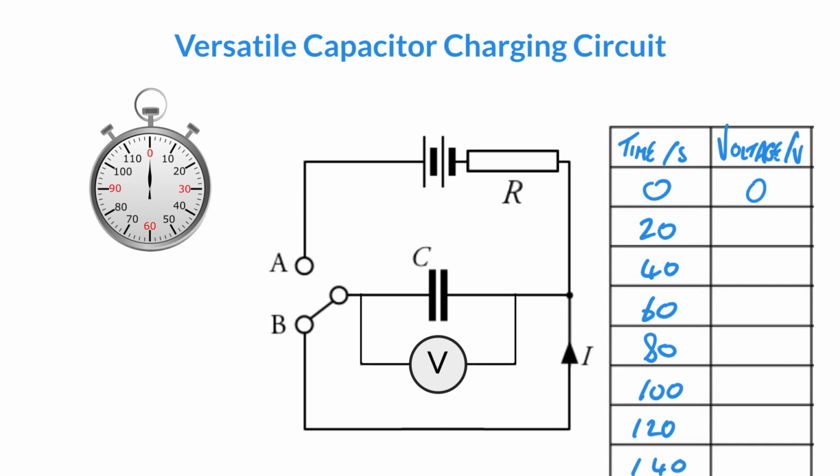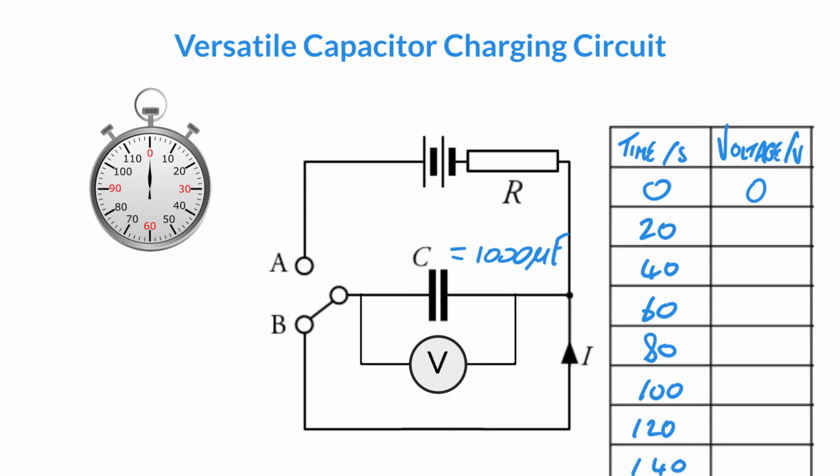So let's say we have a capacitor of about 1,000 microfarads. Then we can use that as a basis for figuring out what resistor would give R times C equal to 100 seconds.